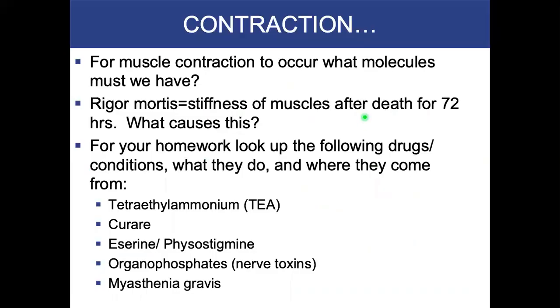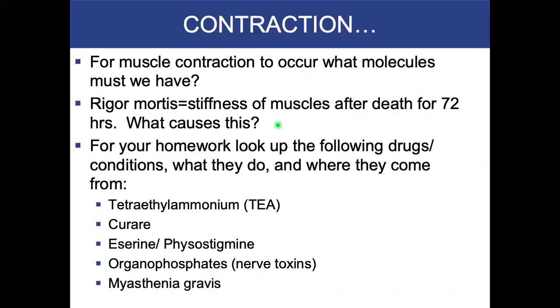So for muscle contraction to occur, what molecules do we have to have? We have to have ATP and we have to have calcium. What do we need for relaxation? For relaxation, we need ATP as well, right? ATP has to release that cross bridge.